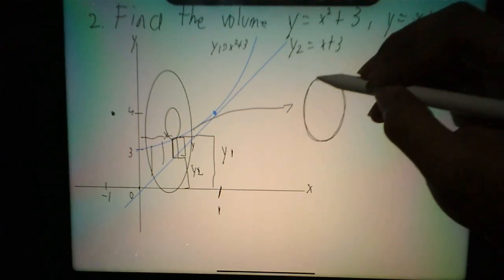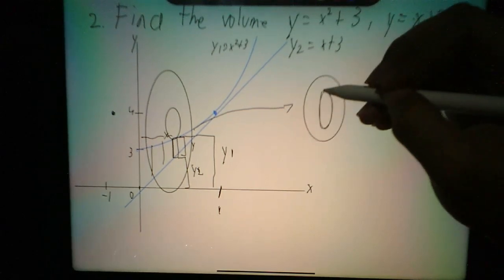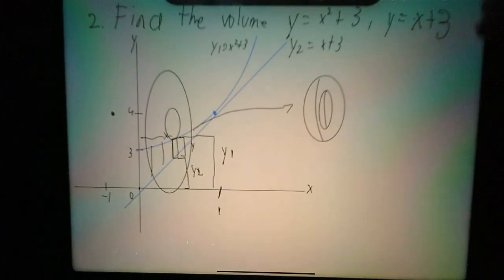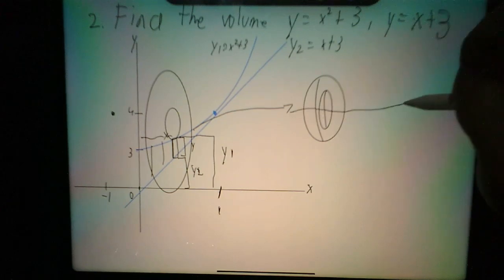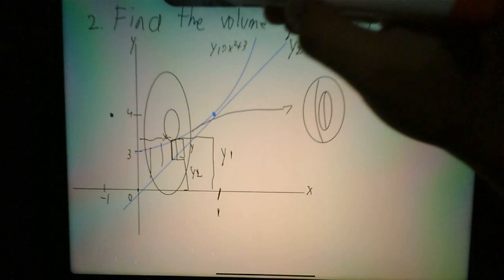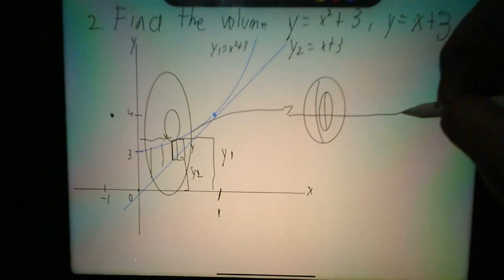Let me first illustrate this. Our area of rotation is here, between the vertical strip.